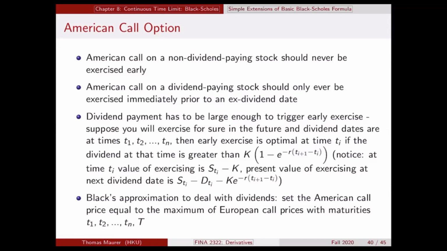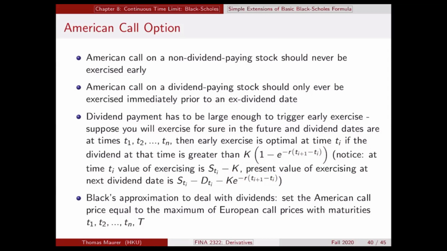So you're going to exercise the option if and only if this thing is larger than this thing, which in turn is the same as saying that it requires the dividend to be large enough, and in particular the dividend to be larger than this thing over here, which is just the difference between K and K discounted.